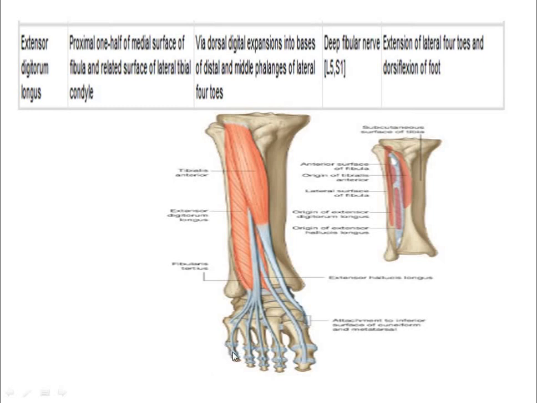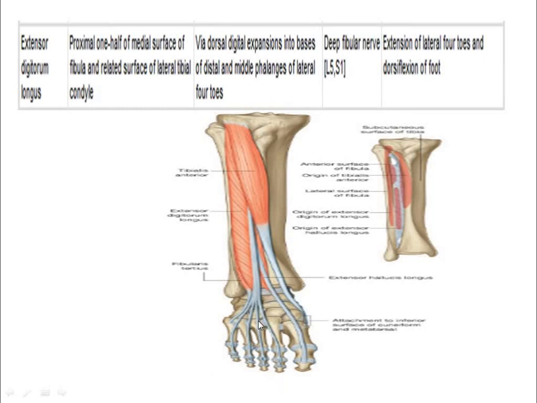There are three phalanges in the lateral four toes and only two in the great toe, like in the hand. The thumb has only two phalanges and the rest of the four fingers have three phalanges. Very similarly, the lateral four toes have three phalanges and the great toe has two. So this extensor digitorum longus attaches onto the bases of the middle and distal phalanges via the dorsal digital extension.